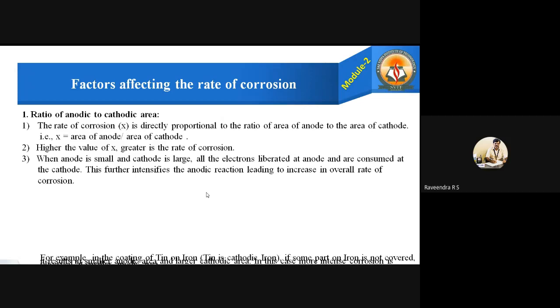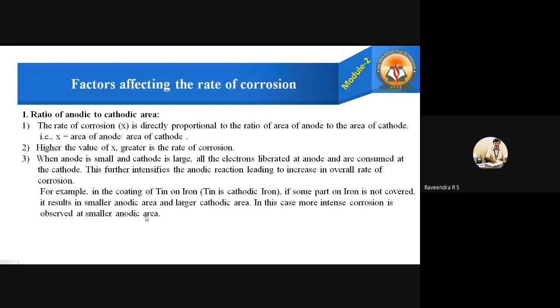For example, consider the coating of tin on iron. Both are transition metals, and here tin is cathodic to the iron. If some part of the iron is not covered, it results in a smaller anodic area and a larger cathodic area. That is, tin becomes the larger area and iron the smaller area.